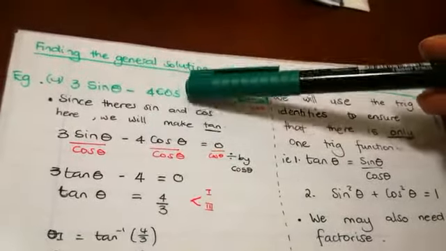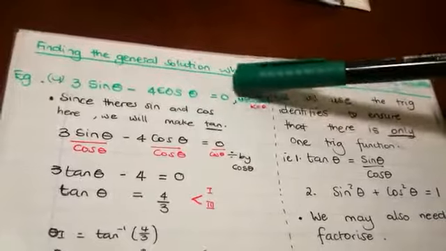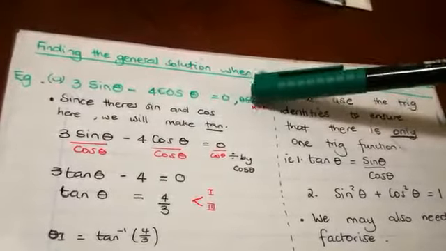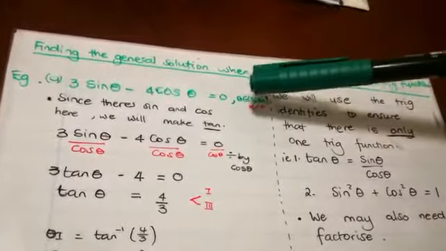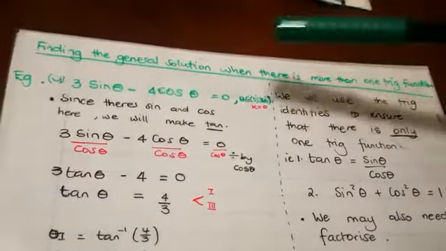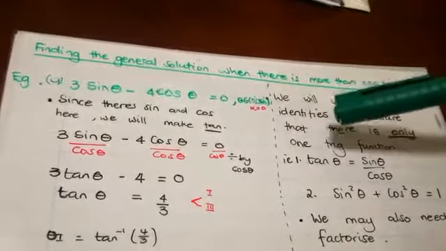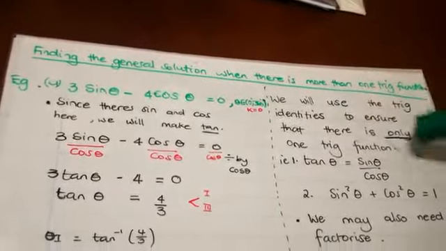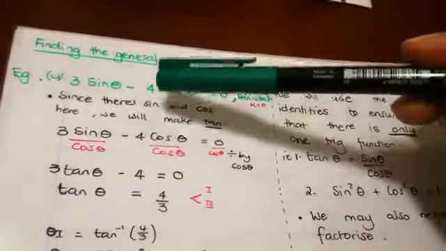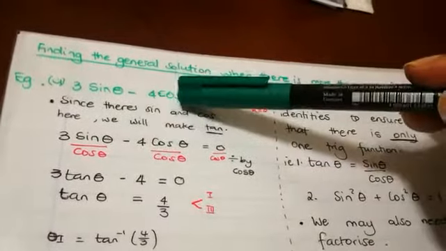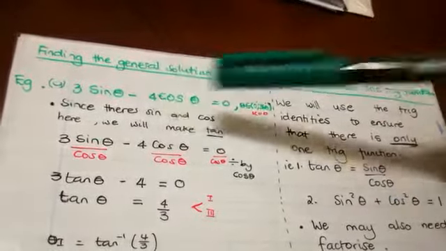We are still finding the general solution, and in this case, even the restriction has been given. So after finding the general solution, we need to find the exact values. Remember we did trig identities. We are going to use those trig identities to ensure that in your equation, you only have one trig function.